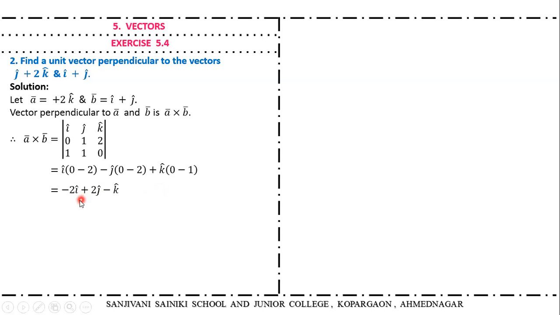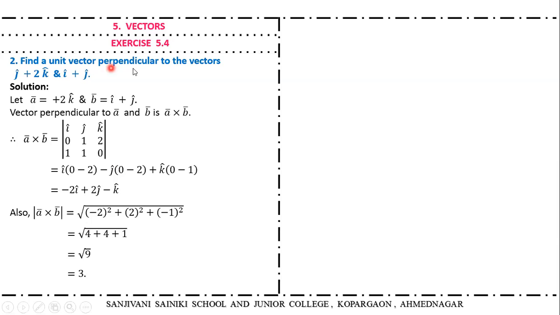Simplify it, you will get minus 2i cap plus 2j cap minus k cap. Now let us find the magnitude, the modulus of a bar cross b bar. It is square root of minus 2 square plus 2 square plus minus 1 square. Simplify it, you will get root 9. So modulus of a bar cross b bar is 3.